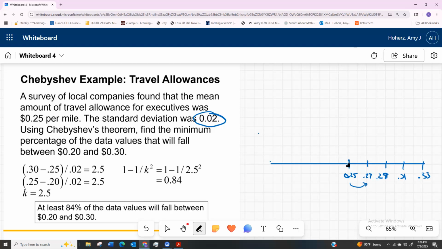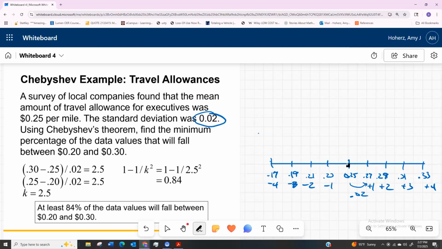So I just again went up by 0.02 each time. So this is +1, +2, +3, +4 standard deviations. And then if I go back this way, I get 23 cents, 21 cents, 19 cents, and 17 cents. And that is my -1, -2, -3, and -4.